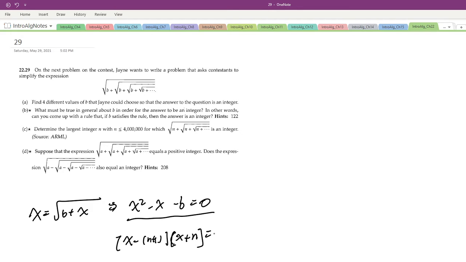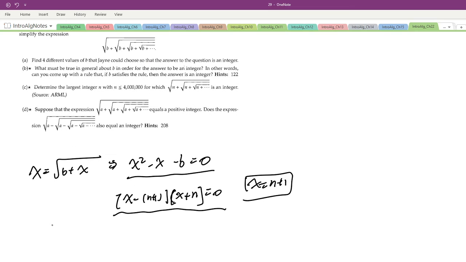In this type of solution, x equals n plus 1, an integer. So the format of b should be n times n plus 1, the product of two consecutive integer numbers.